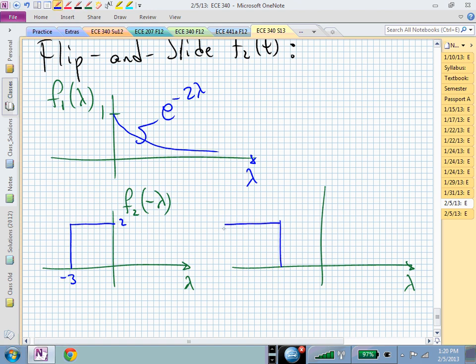And I'm going to, for sketching purposes, go ahead and let that t be somewhat negative, to the left, and I'm going to slide it through as I vary t.